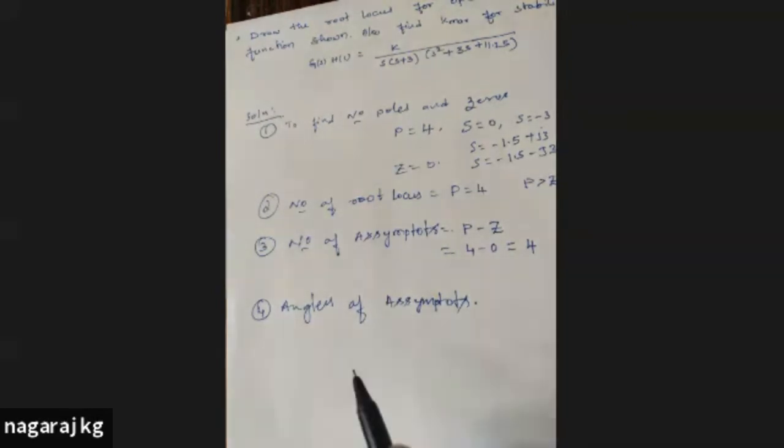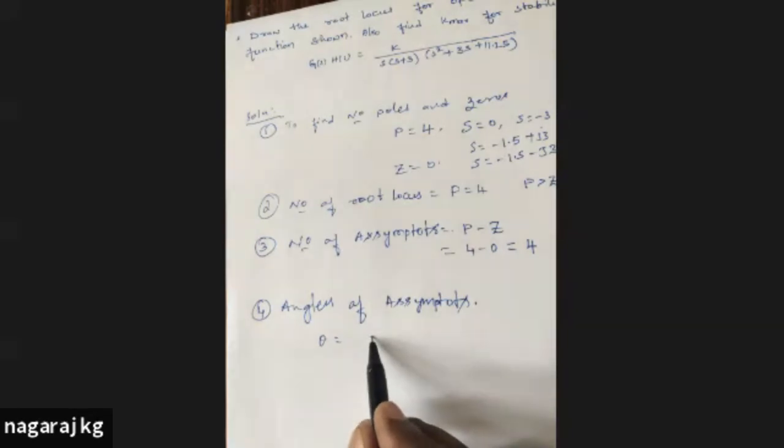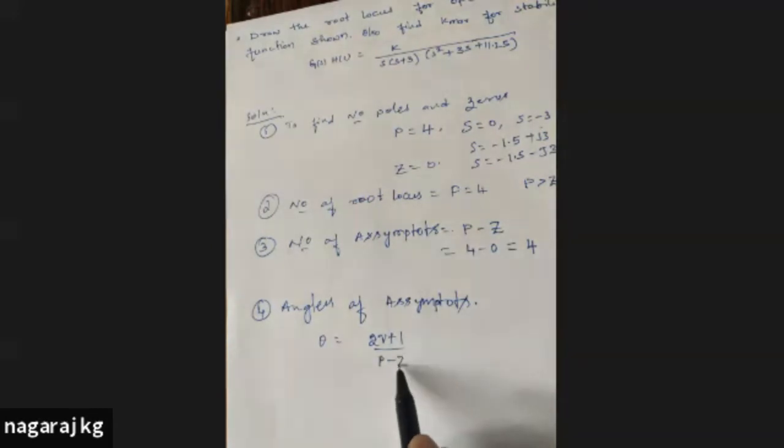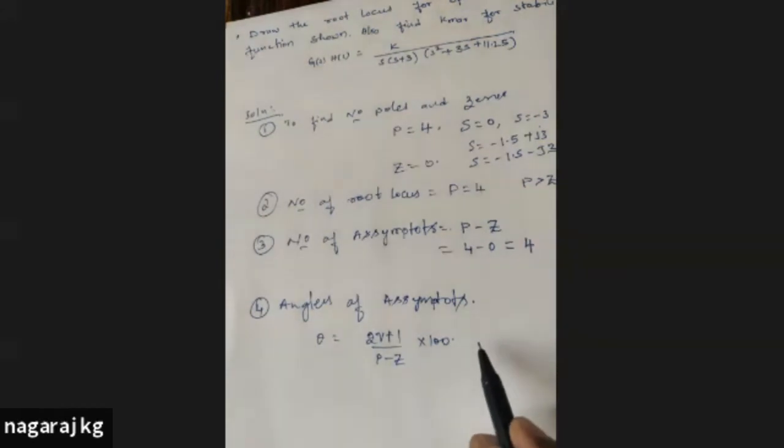Now, how do we find the angle of asymptotes? The general formula is theta equal to (2q plus 1) divided by (P minus Z) into 180, where q starts from 0, 1, 2, and so on.